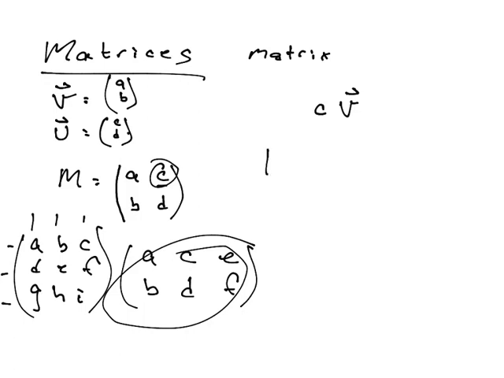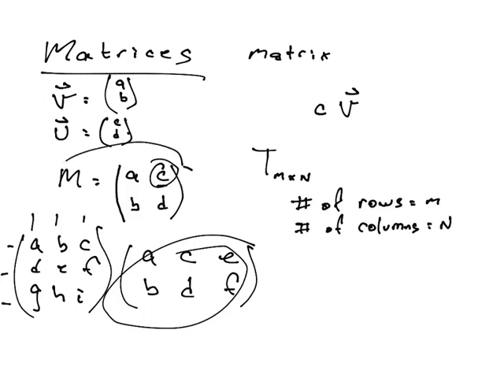Let's say you have the matrix T, it's M by N, which means the number of rows is M, and the number of columns is N.